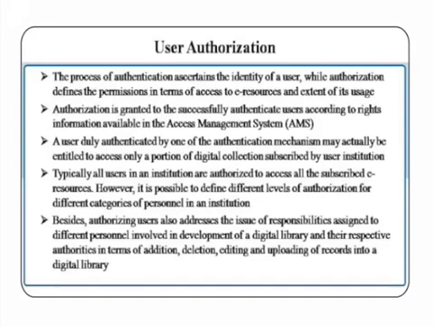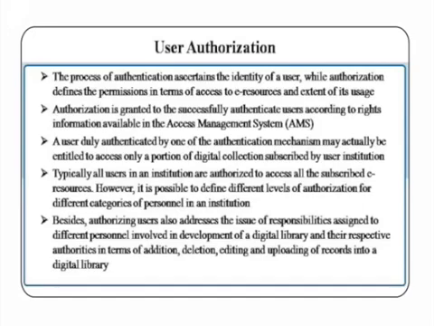A user duly authenticated by one of the authentication mechanisms may actually be entitled to access only a portion of the digital collection subscribed by the user's institution. Typically, all users in an institution are authorized to access all the subscribed e-resources. However, it is possible to define different levels of authorization for different categories of personnel in an institution.